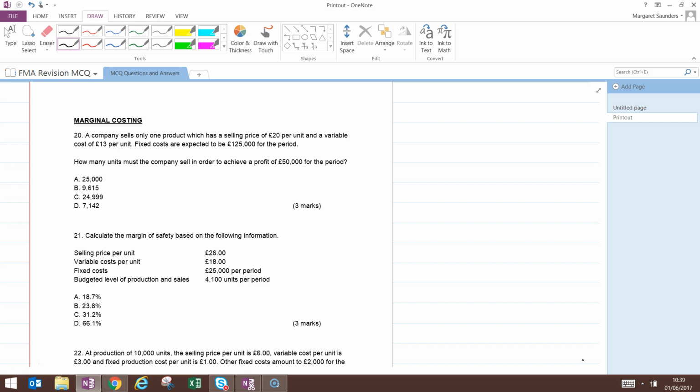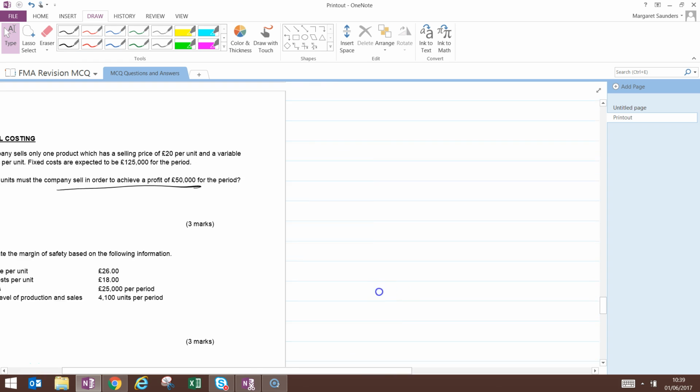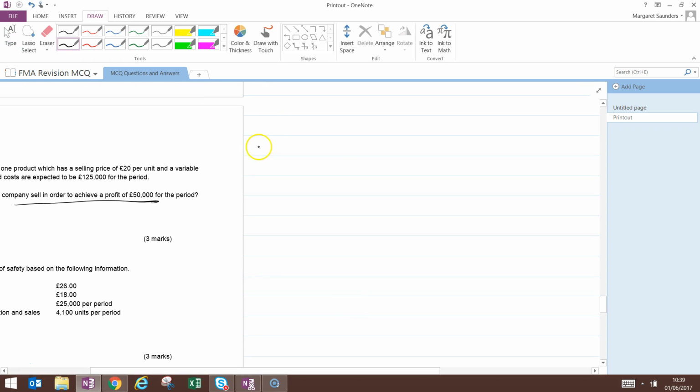So the first question: a company sells only one product, selling price of £20, variable cost of 13, fixed costs are 125,000. How many units must the company sell in order to achieve a profit? So for this question, you need your target profit formula.